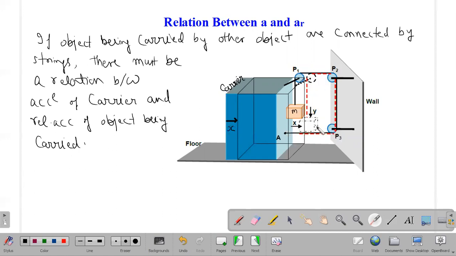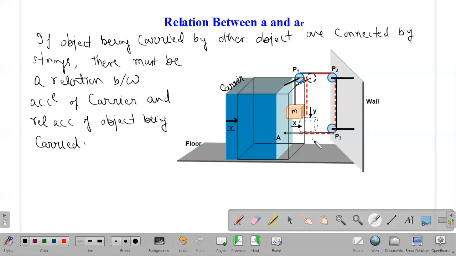So the total reduction in these two horizontal portions of the string will be 2x, and that has to be compensated by the vertical motion of the block m, as the total length of string should always remain constant. If some segment of string is reducing, some other segment must be increasing to compensate. We are dealing with inextensible ideal strings.